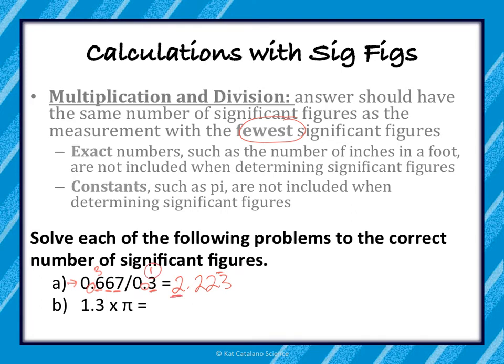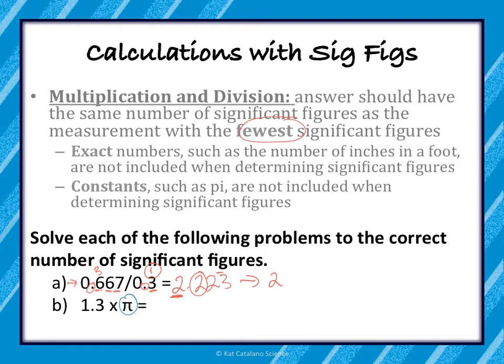So this is going to round to 1 significant figure. This 2 isn't going to affect that, so this will round to just 2 for my answer. And remember, you don't want to put a decimal or a 0 there because that will add sig figs to our answer.